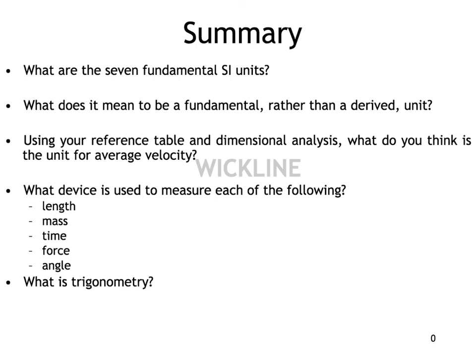What do you think is the unit for average velocity? So if you use your reference table, you can find an equation for average velocity, and I'll show you what it is now. So v equals d over t, and d is the quantity distance, but it's actually measured in meters, so I'll plug that in.